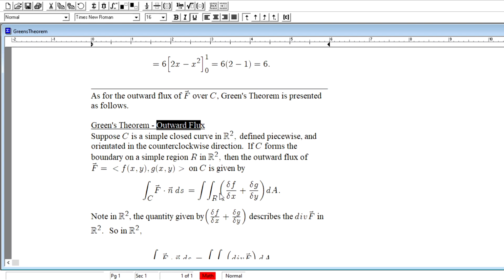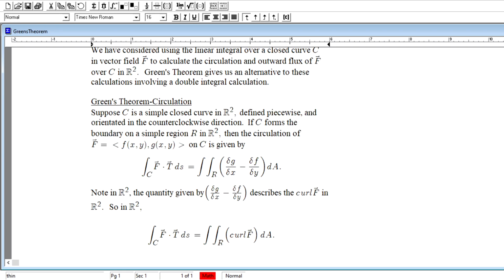The double integral of the entire divergence over R gives us the measurement for outward flux across its bounds, and the double integral of the entire curl across region R gives us the measurement for the circulation along its bounds.